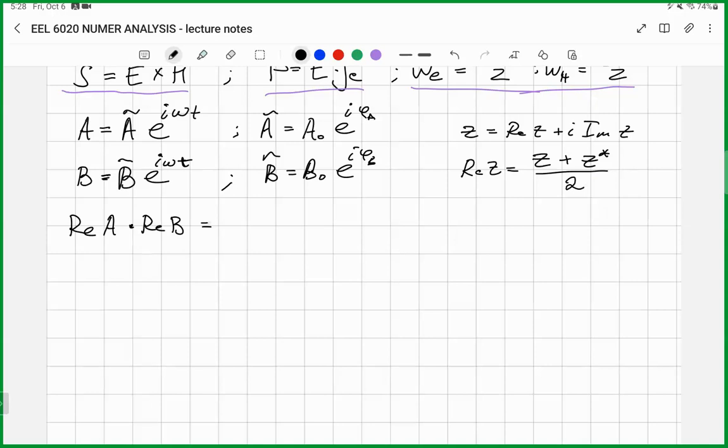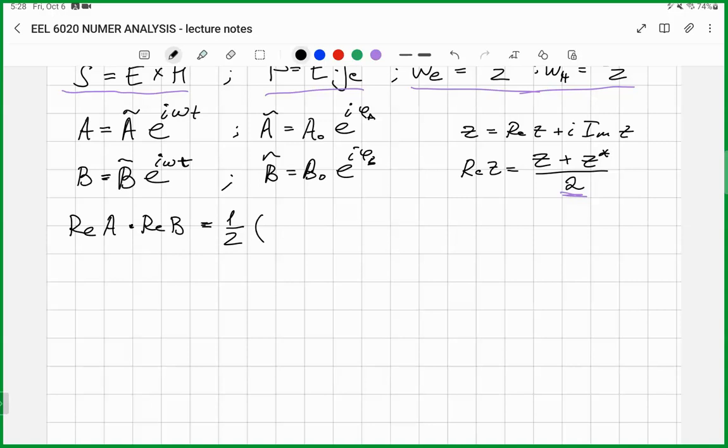So it's a general way of defining the real part of any complex number or complex function. So for the first one, I write 1/2.